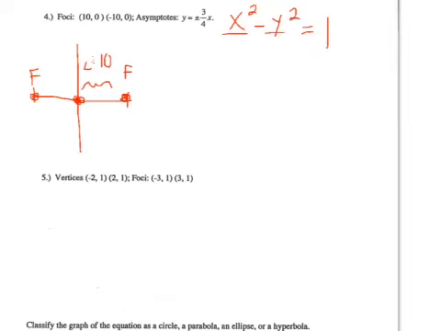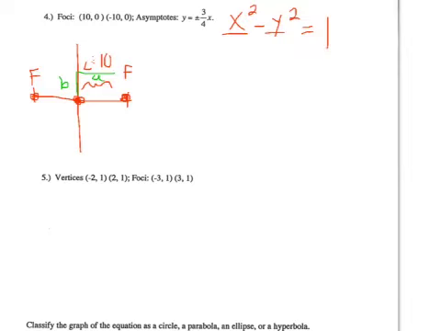So we do know that our slope, in this case it's not a over b, our slope would be b over a. Since this is a horizontal hyperbola, we would have to go up b and over a to get to our vertex.